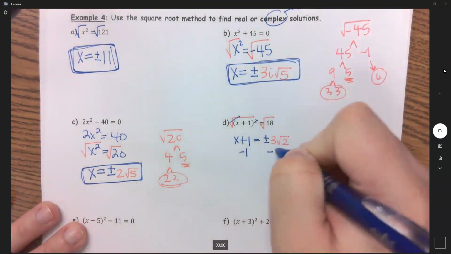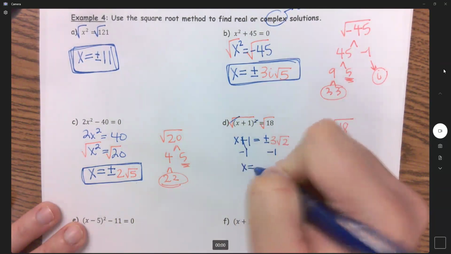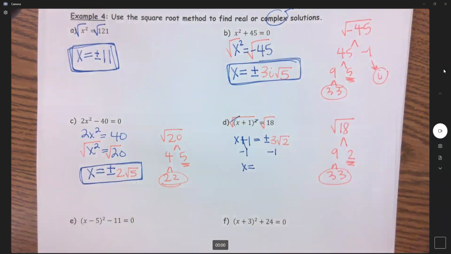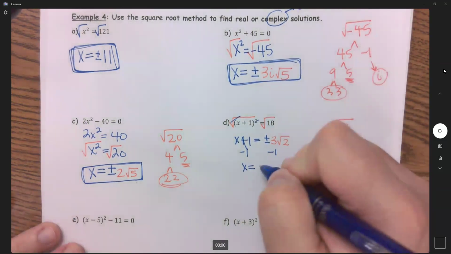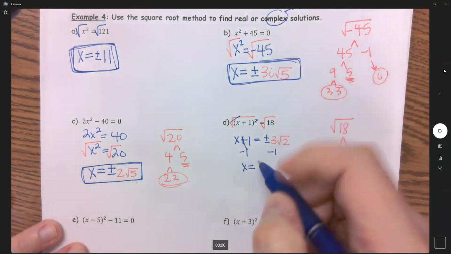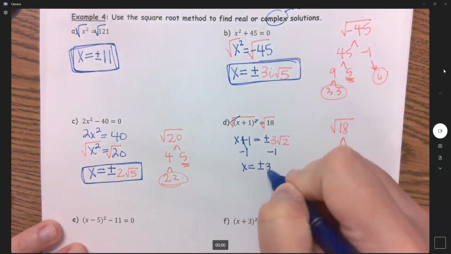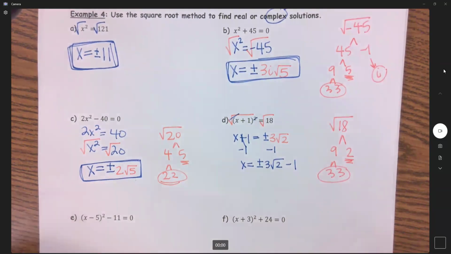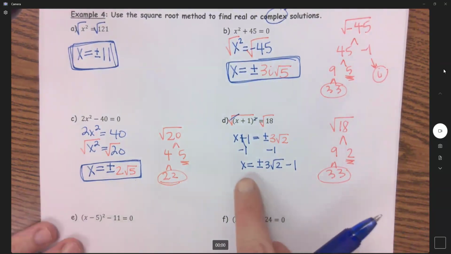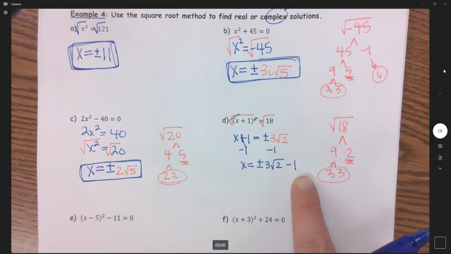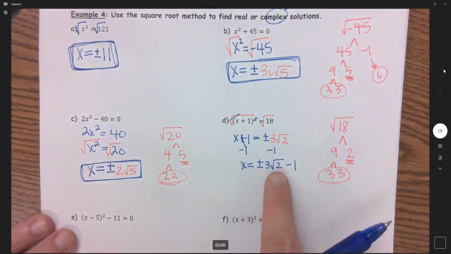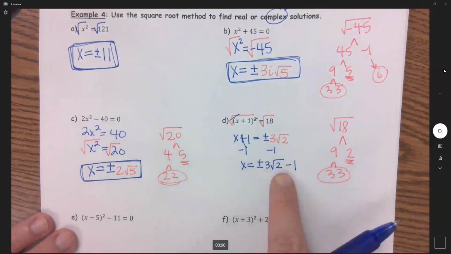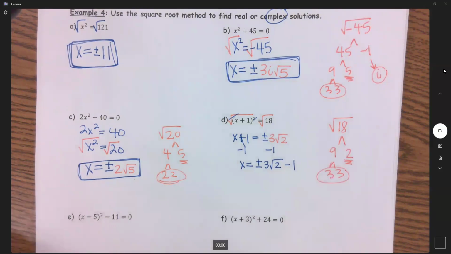So when I subtract 1 over, we now get x equals, you can write this, I'll just go ahead and do it. So these are not like terms, and so we can write this as plus or minus 3 square root 2 minus 1. I personally do not like this as my answer. I always like my square root to go at the end, because if this gets sloppy, it's hard to tell, is that negative 1 under the radical or outside of the radical.